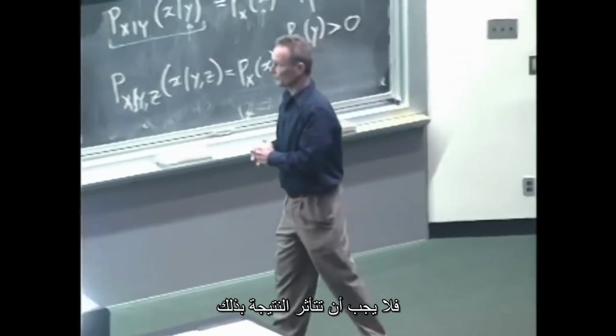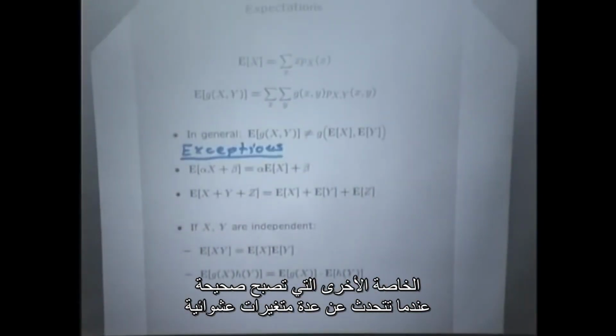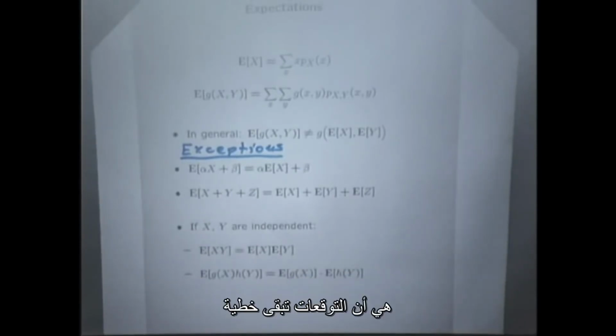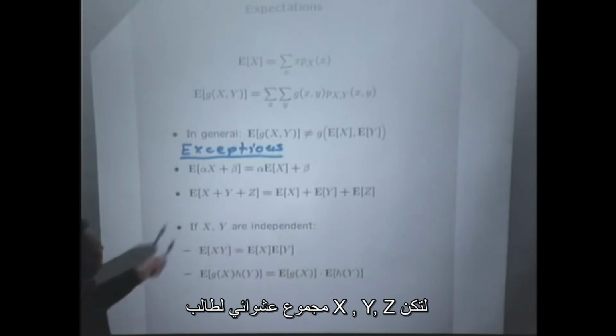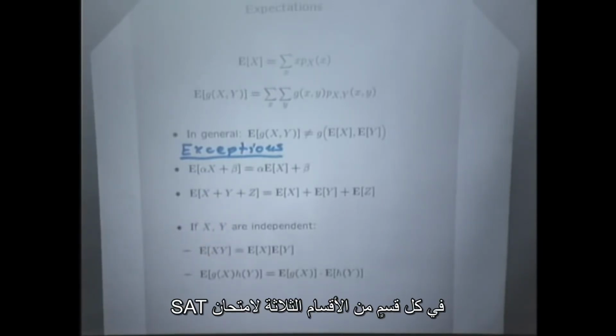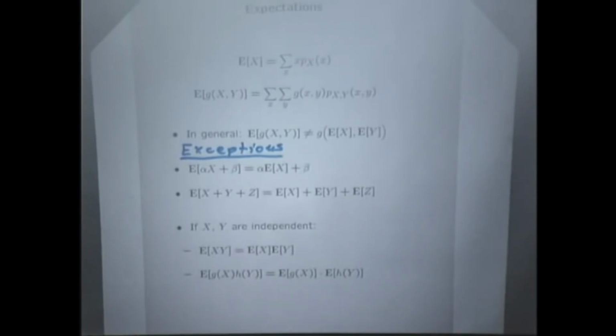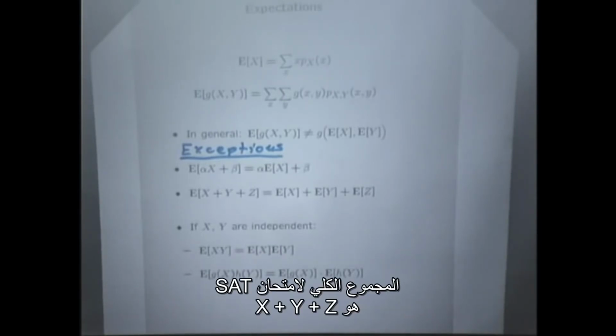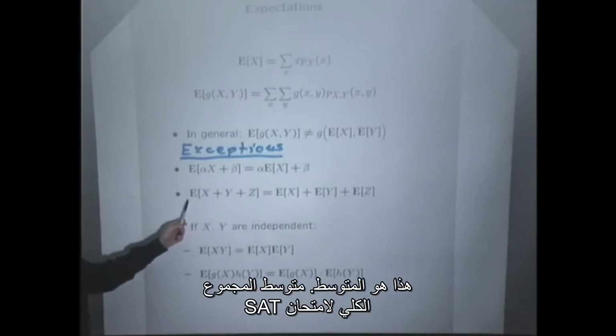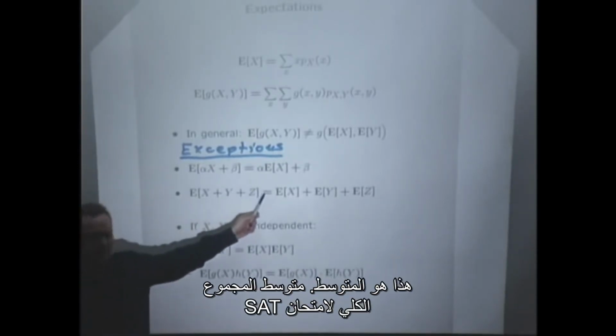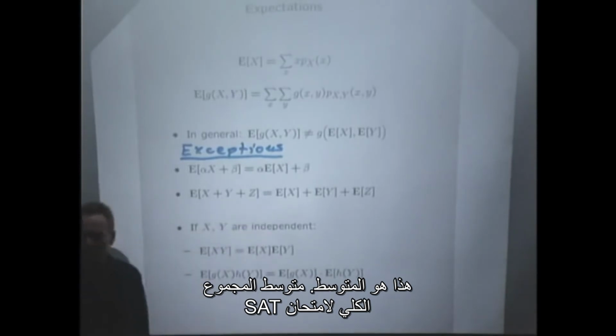The other property that turns out to be true when you talk about multiple random variables is that expectation still behaves linearly. So let x, y, and z be the score of a random student at each one of the 3 sections of the SAT. So the overall SAT score is x plus y plus z. This is the average score, the average total SAT score.